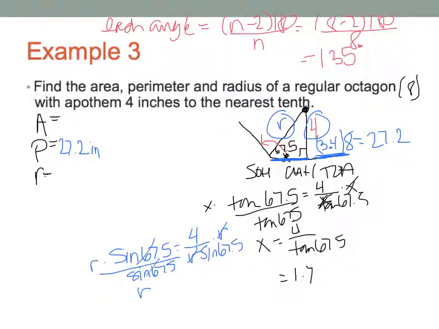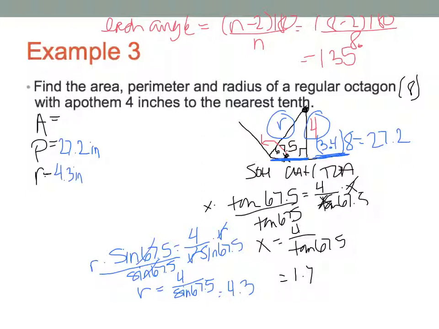And r then becomes isolated, and I have r equals 4 over the value of sine of 67.5. And finish that up, and I have r equals 4.3. So my radius is 4.3 inches.